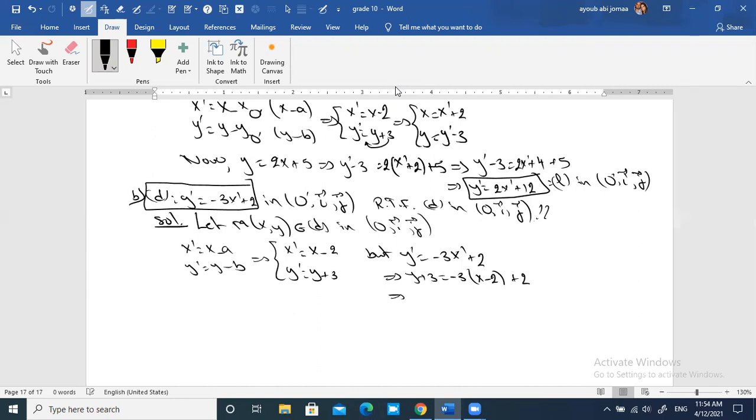Then y plus 3 is equal to expand: negative 3x plus 6 plus 2.